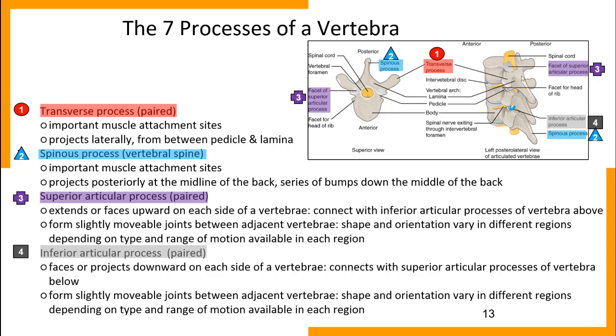If I'm going to label the vertebrae 1, 2, and 3, the inferior articular process of vertebra 2 forms a connection, or a joint, with the superior articular process of vertebra 3. Similarly, the inferior articular process of vertebra 1 will form a joint with the superior articular process of vertebra 2.